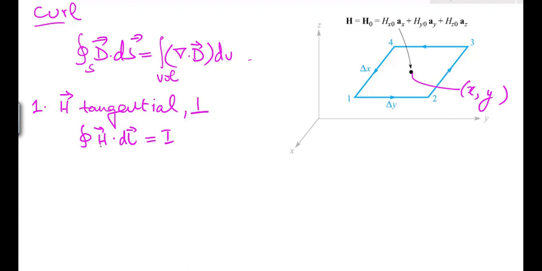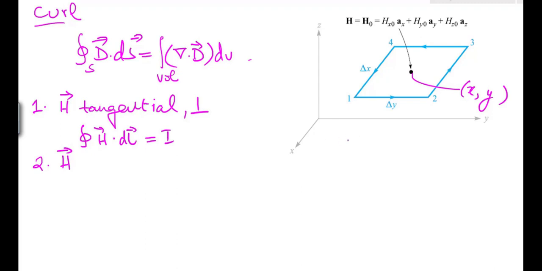Now if H is perpendicular to the path, or tangential to this path, the dot product becomes just the multiplication of the magnitudes of these vector quantities. The second condition for this closed path was that H must be constant over the path, or over the perimeter. Remember, this closed path is in the xy plane.